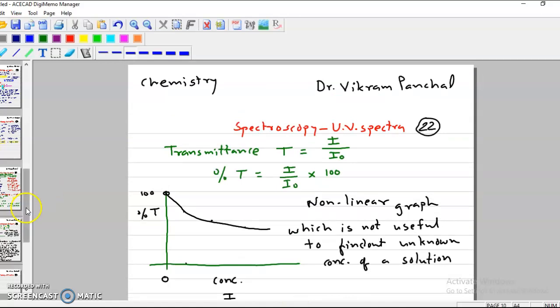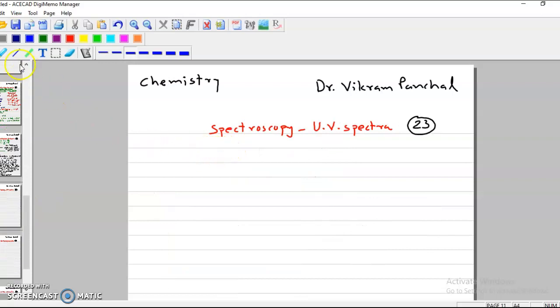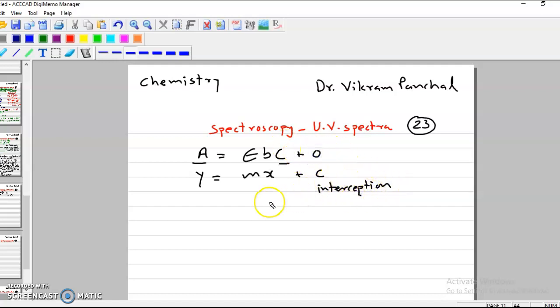Now, when we have to plot a graph of A versus concentration, remember A versus concentration C, then we have to compare this with y is equal to mx plus c. Here c means intercept, and there is nothing added to this, it is 0. That means for this graph of A versus C, there is no intercept.